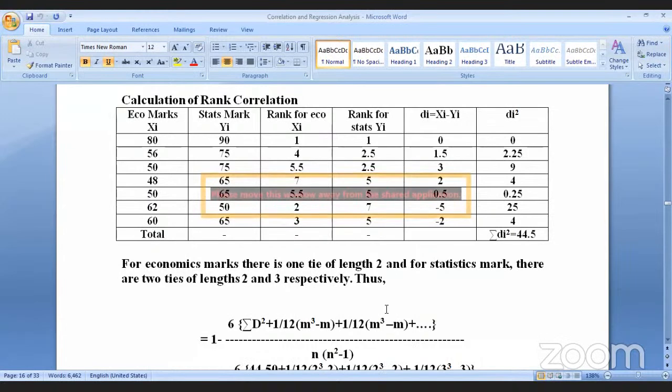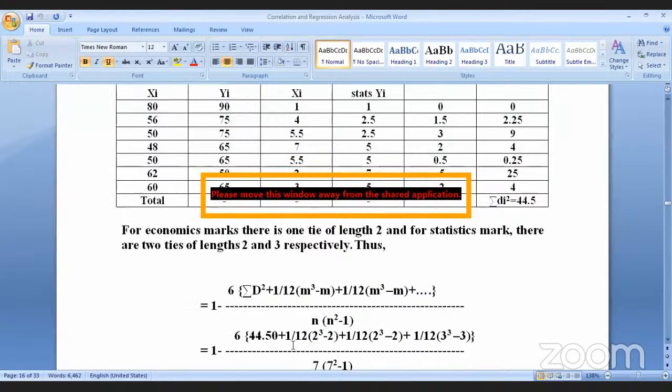Yes, sir. Yesterday when we were discussing the rank correlation, repeated ranks were involved. So here, observe the formula carefully.